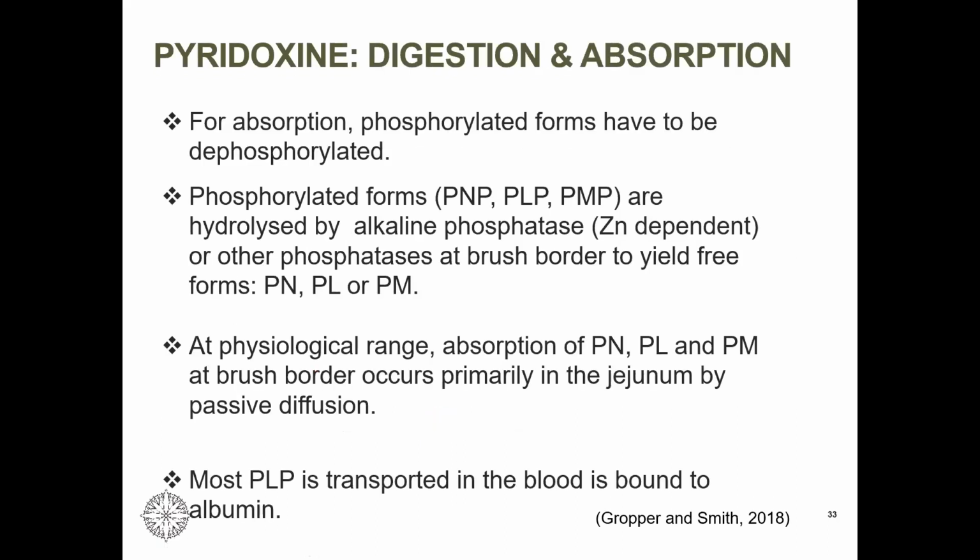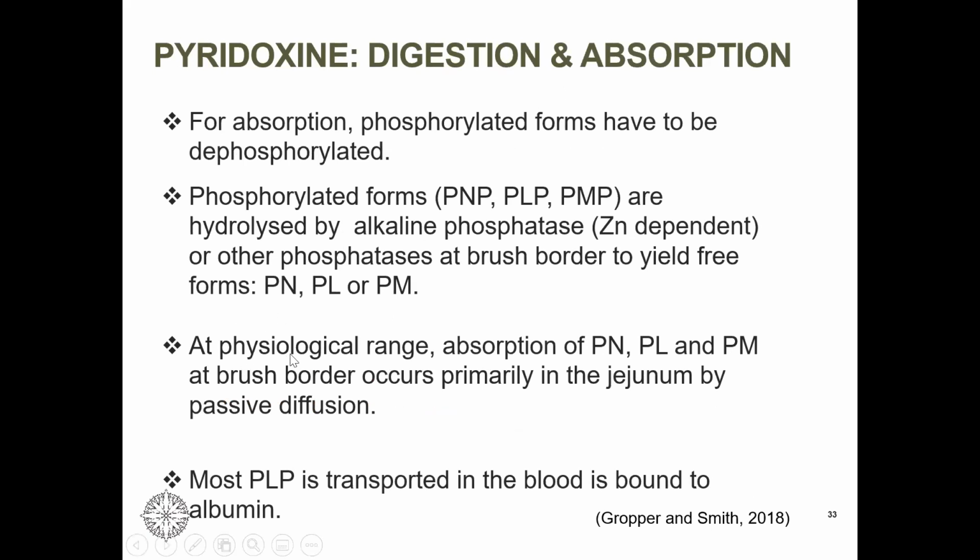Coming back to our main aim, to learn about its absorption. Again, the phosphorylated form has to be dephosphorylated. This is done by a different enzyme called alkaline phosphatase, and it is dependent on zinc. Okay, so now at the brush border we have these free forms.